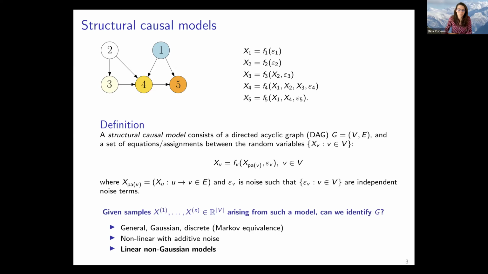So you often won't be able to say what the unique graph is. And there are other settings where you can impose something and then you actually get the unique graph. So for example, if the fi functions are nonlinear but the noise is additive, or if they're linear and the noise is non-Gaussian. And today I'll talk about these linear non-Gaussian models.